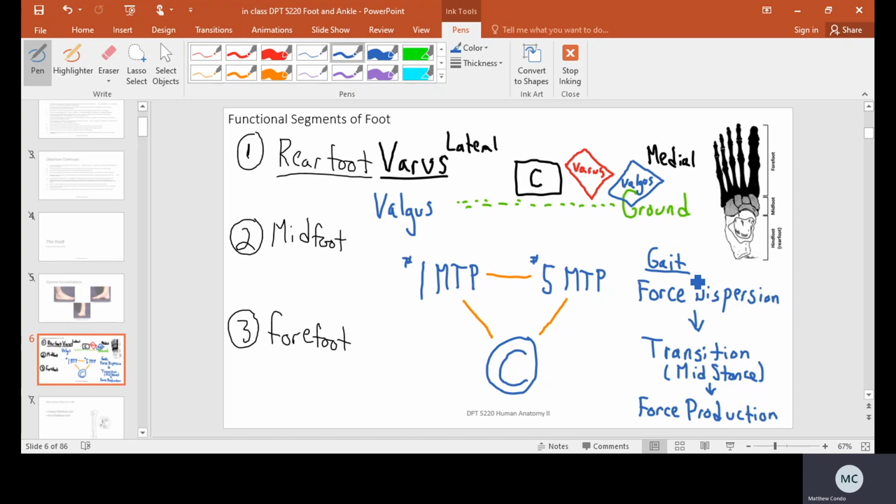So think about this. If I'm going through the gait cycle and I'm in that first period of force dispersion or force acceptance, do I want my foot to be rigid or flexible? Flexible, right?